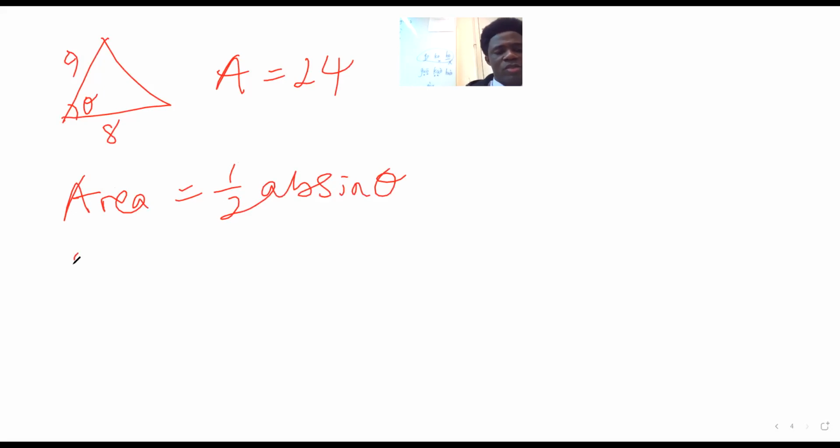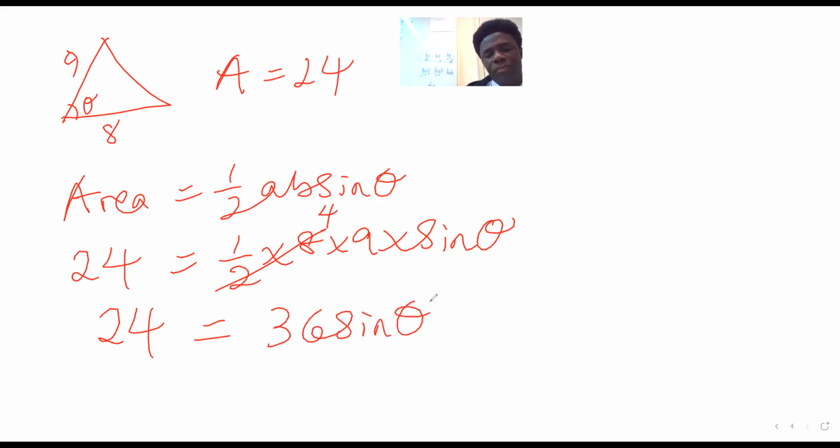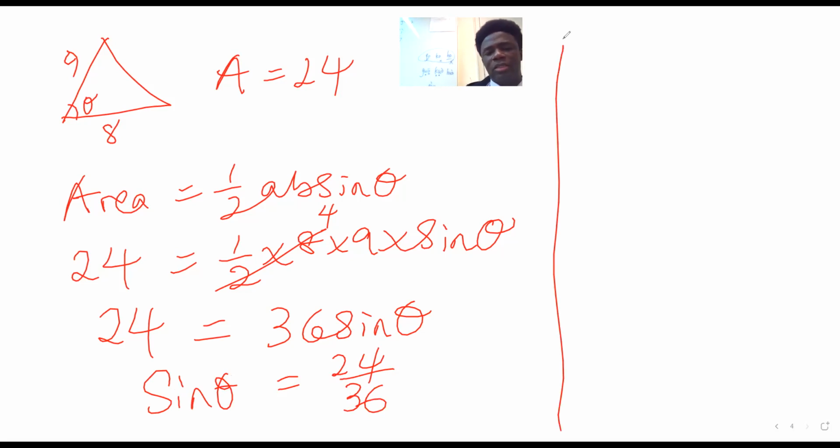The next thing I expect to see is 24 equals half times 8 times 9 sine theta. Of course, you are welcome to simplify this as 4. So you have 24 equals 36 sine theta. And you have your sine theta equal to 24 over 36, and arc sine, something like that. No need to put this in decimal. If you simplify to 2 over 3, your choice. If you don't simplify, you're good. Then your theta will be arc sine, like we did.